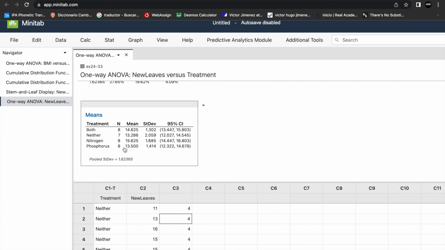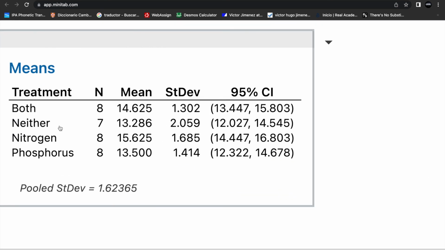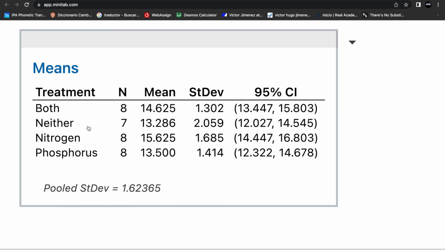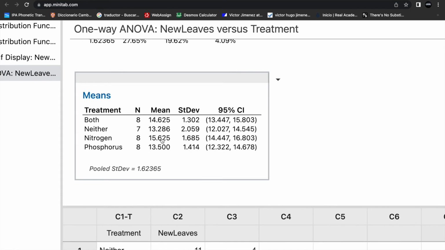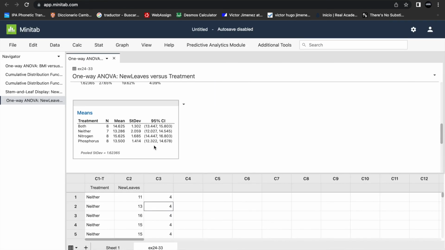How can we have methods to conclude that? We don't see them here. But I think the book or Achieve is saying this to us because, notice, below in the results we got, the mean for nitrogen was the biggest. So I think that's why it says that nitrogen had a positive effect. But that's all.